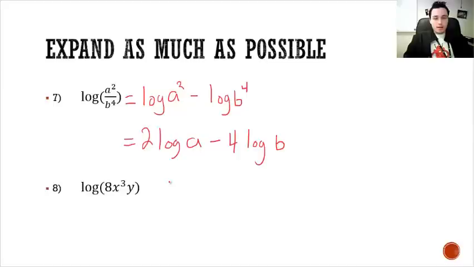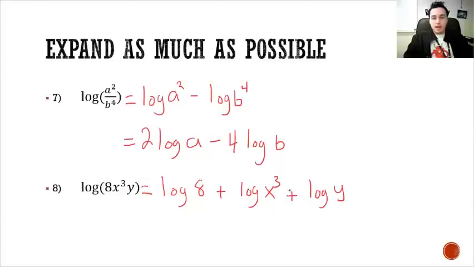Number 8. The big picture here is I see 3 things times each other, so I'm going to split those apart into addition. So that's going to be log of the first thing plus log of the second thing, which is x cubed, plus log of the last thing, which is y.